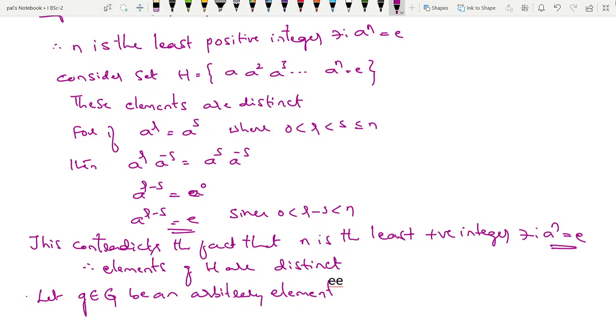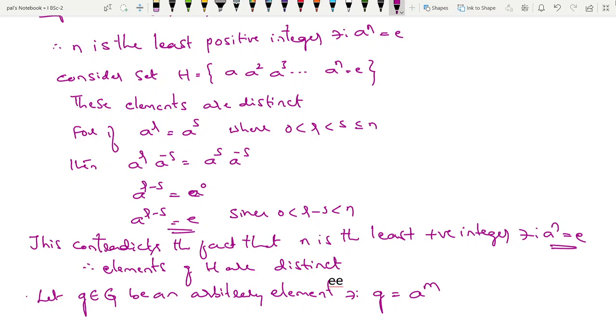So g is an arbitrary element of g such that g is equal to a to the power of m, where m is any positive integer. Next, you take the division algorithm for the numbers m and n.